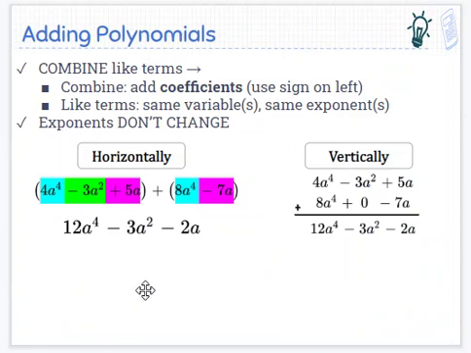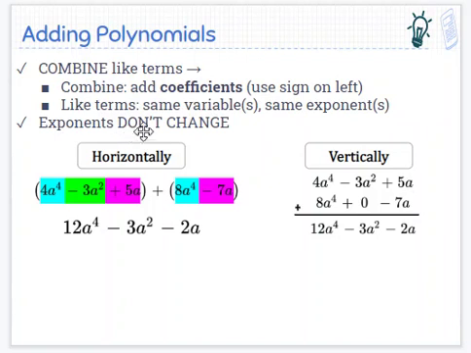When we add polynomials, you're just combining like terms. You add your coefficients, but remember to include the sign on your left. Remember, like terms have the same variables and same exponents.